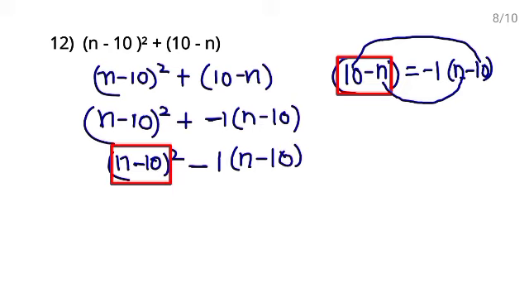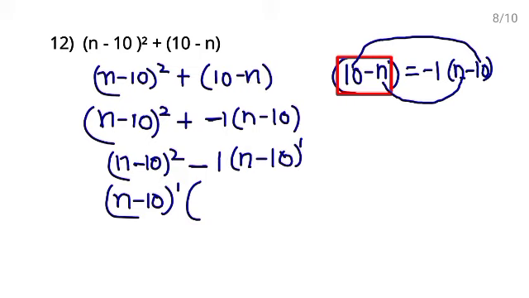Now we have n minus 10, n minus 10. But here we have power 2 and here we don't have power, it means power 1. So we will take common the power which is least. So I will take (n minus 10) raised to the power 1 common.